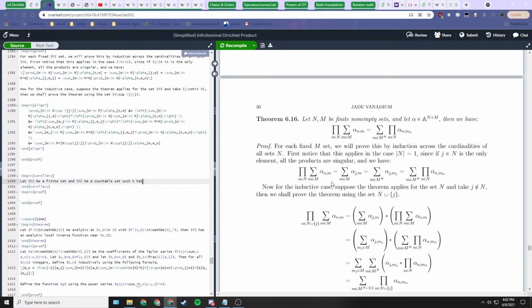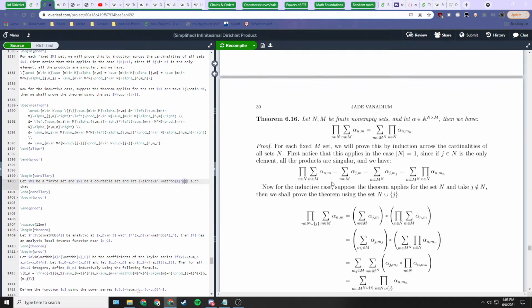Such that, and we want to say, actually we'll say m be a countable set and n be a countable set, and let alpha again be in a n times m, and be a finite set, n is a countable set, alpha be these coefficients, such that, and we want to specify that the summation converges very quickly.